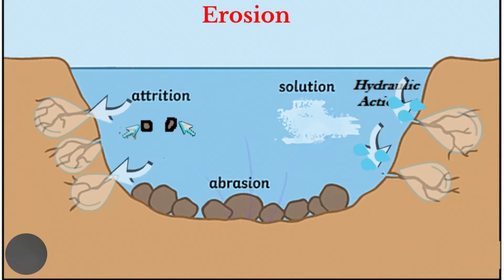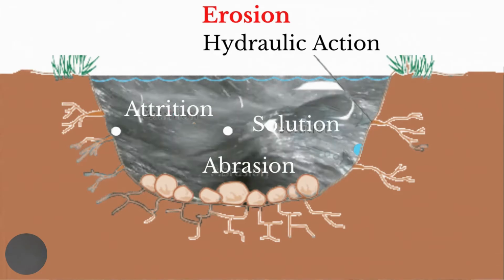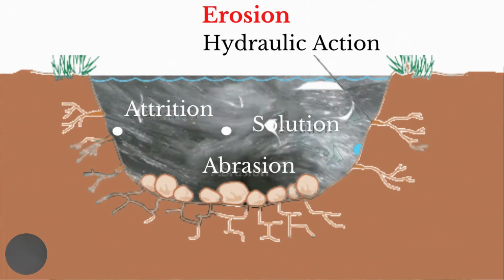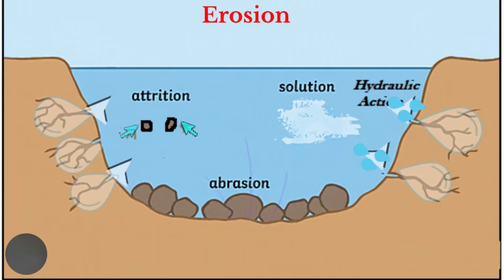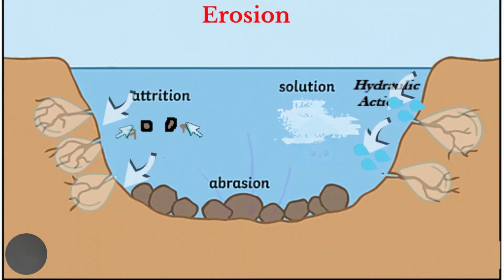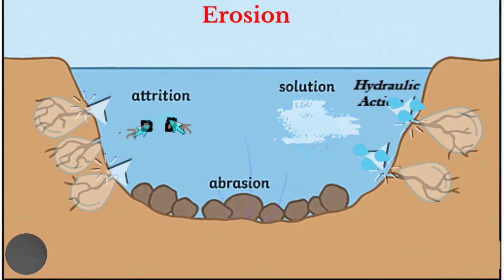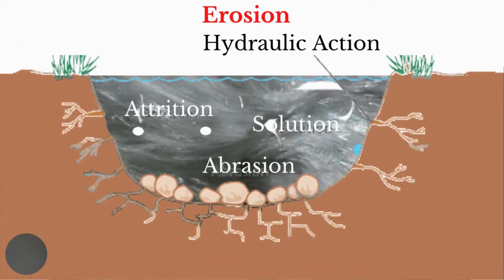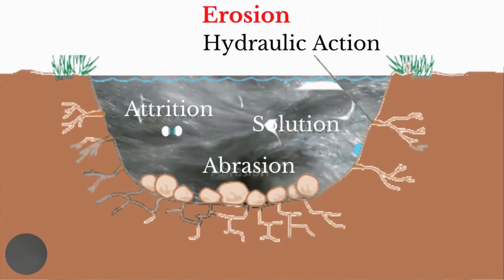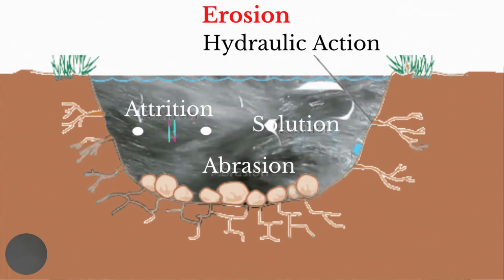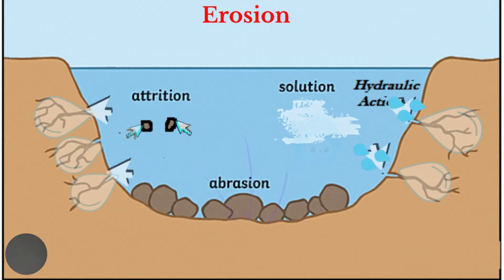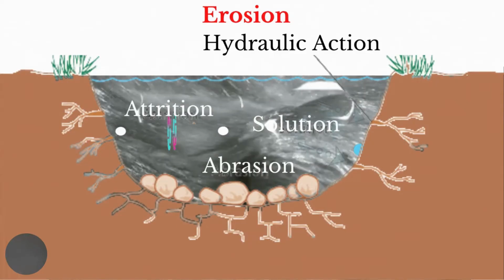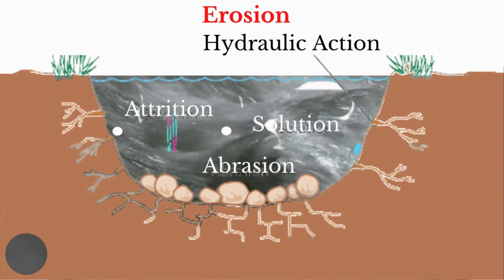Attrition is a process by which the load being carried collides together and breaks up. Abrasion, also called corrasion, is where the river throws the material being carried against the bed and banks, causing the bed and banks to break up.